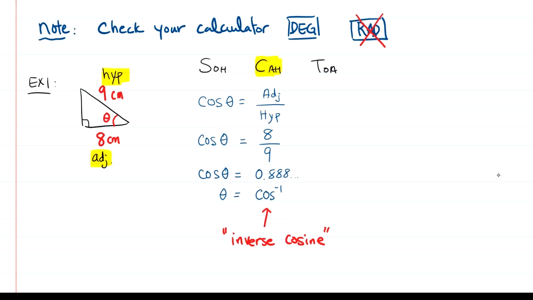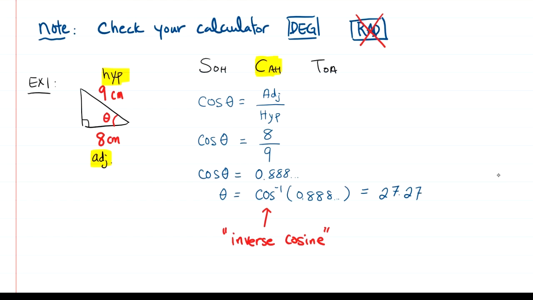And what we do is we're going to put 0.888, that value, into the bracket of this. So if you do that, we will get 27.27.